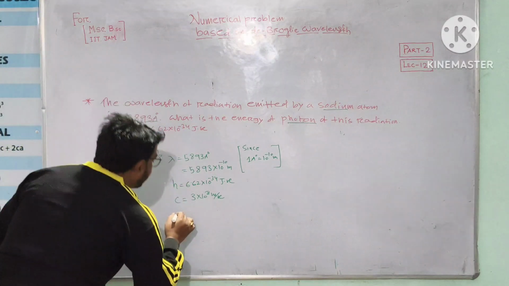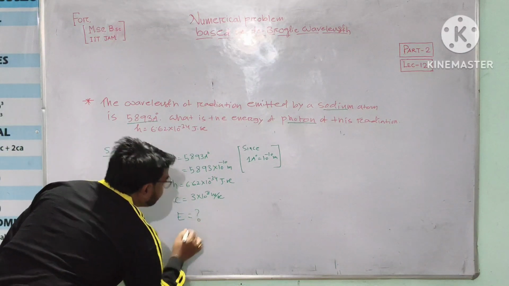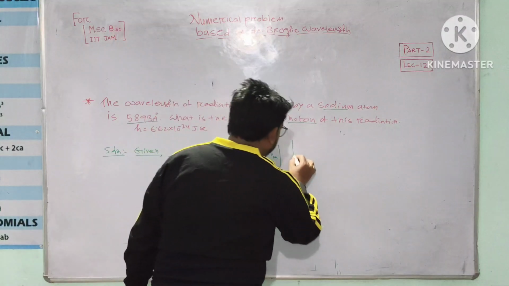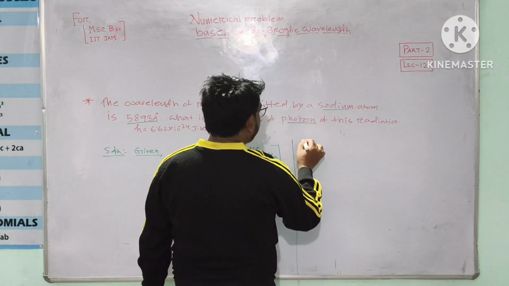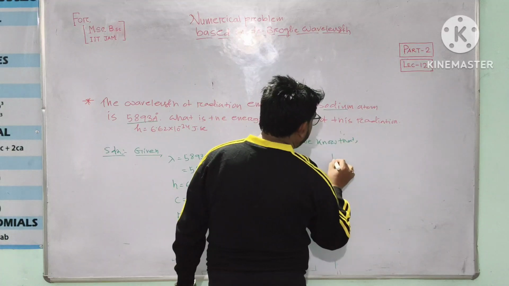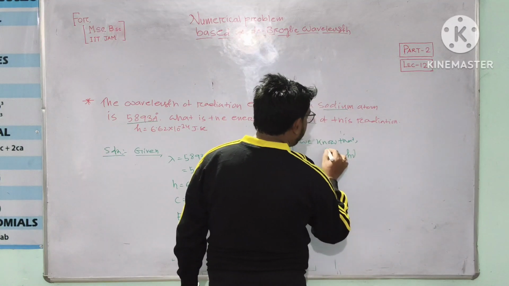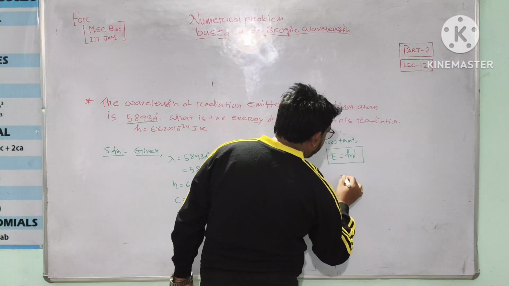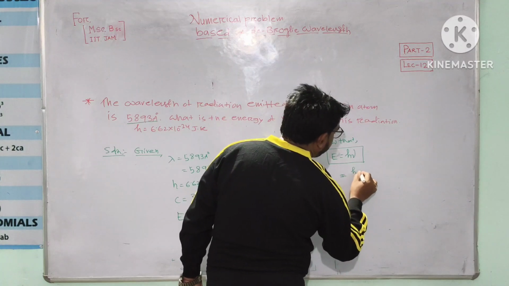What is the energy of photon? That means E equals what? By using this formula, energy of photon, we know that E equals h nu, and h nu we can break in terms of hc by lambda.